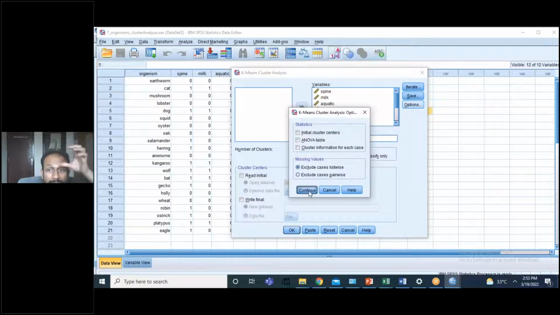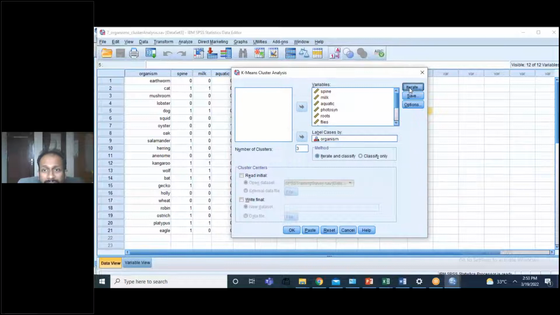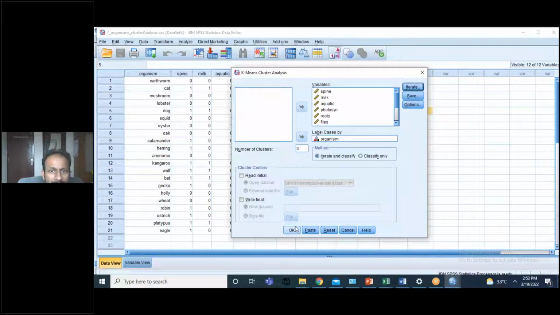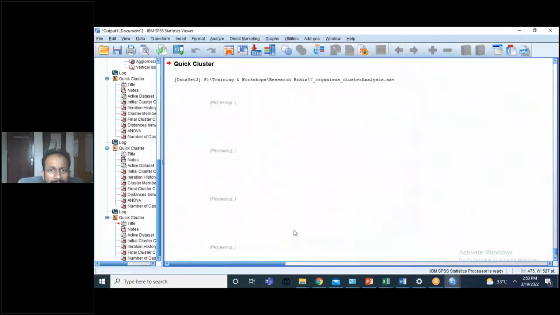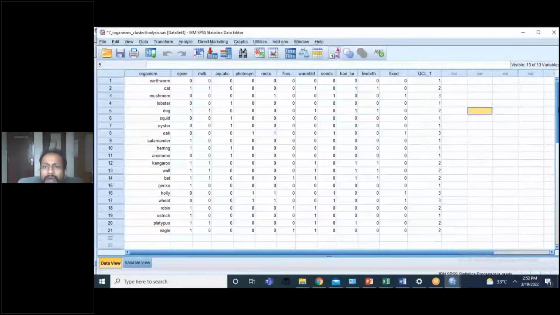This you will have to choose, because I'm interested in categorizing what type of cluster each one belongs to. Let me check. All right, so now I have got it.